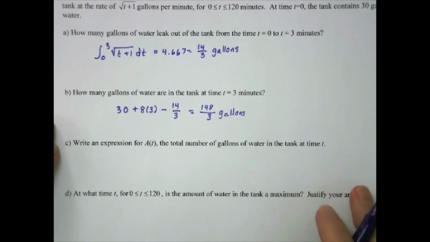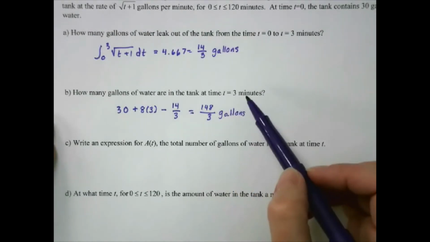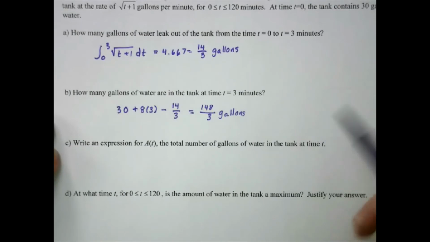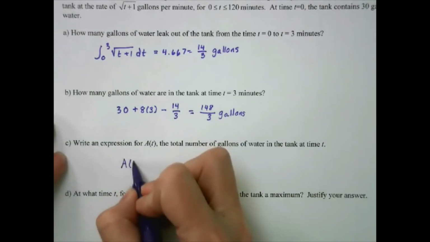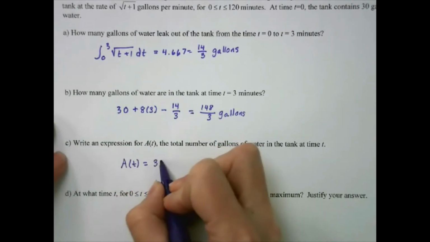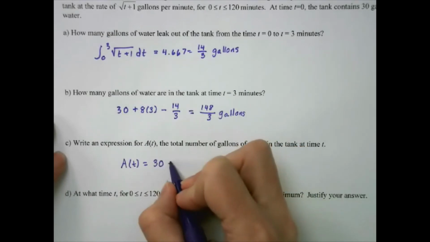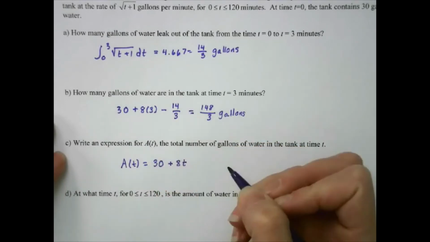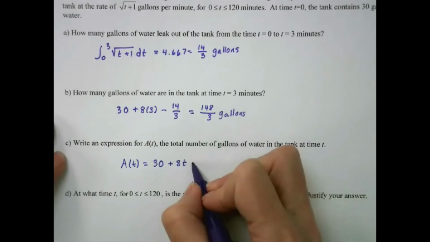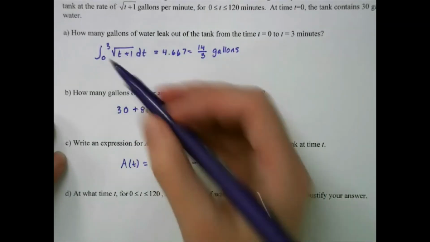Okay, write an expression for A of t, the total number of gallons in the tank at time t. So kind of piece together what we did. We figured it out for 3. Now how do we do that in general? Well, our A of t is going to be the initial amount plus 8 times whatever our t is, minus, how did we get this? We got it from the integral.